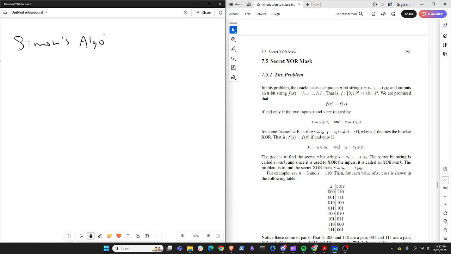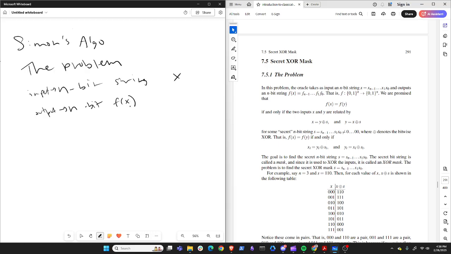Okay, so the problem is that we have an n-bit string x, and it takes it in and outputs an n-bit string, so input, output, an n-bit string f of x equals f of n minus 1 all the way to f of 0.